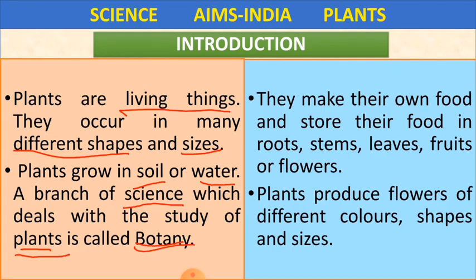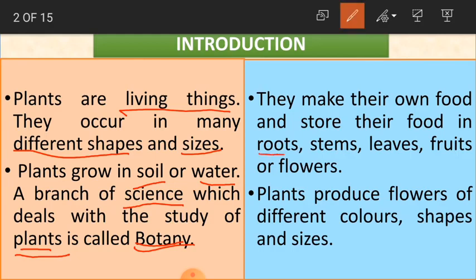Same like that, even plants are also living things. They have to grow, they have life, they have to have food. And where do they store their food? They store their food in roots, stems, leaves, fruits or flowers.